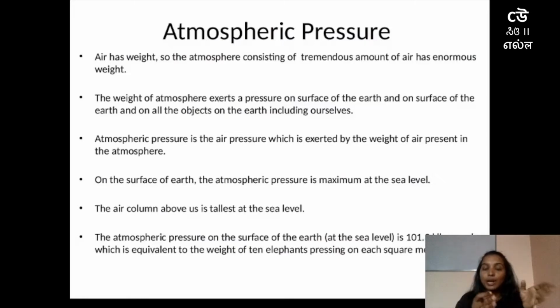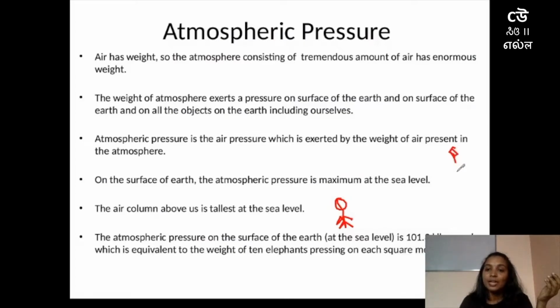I told you atmospheric pressure will be more in the bottommost layer of the atmosphere. So if you are at sea level, the atmospheric pressure will be more. Why? Because it is in the lower part of the atmosphere, where the density is more. At the beach you will have more atmospheric pressure when compared to the hill station.